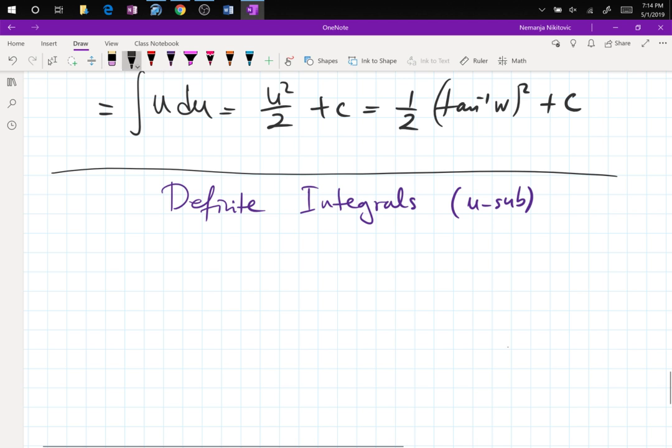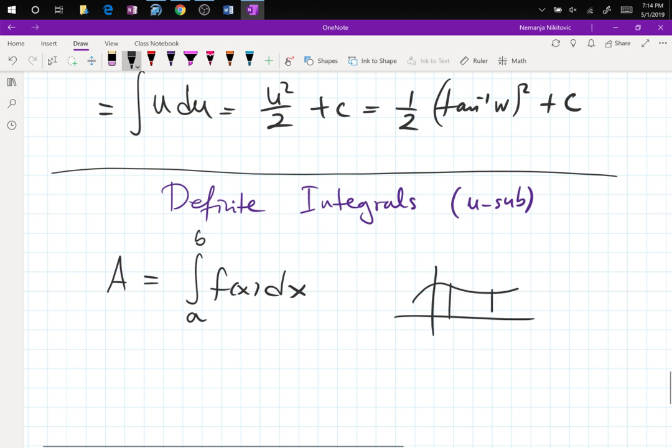What we have learned before is that area was calculated from a to b of f of x dx. And this a and b were actually your x1 and x2 values. And then you have the area under the curve, right?